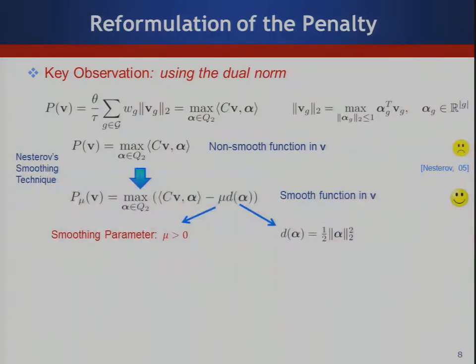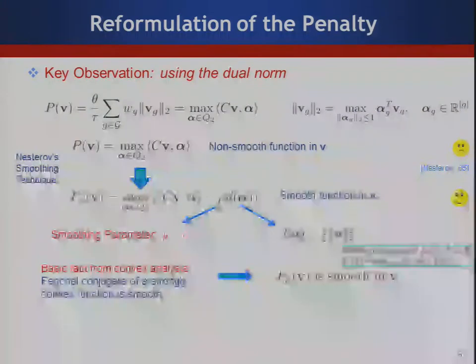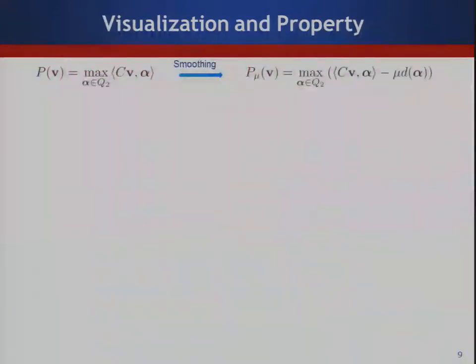But here we just choose 1/2 ||alpha||_2 squared for simplicity. If you are familiar with convex analysis, you immediately realize that it's just the functional conjugate of a strongly convex function. From a basic fact of convex analysis, the conjugate of a strongly convex function is smooth. So we just turn this into a smooth function, and the smoothness is controlled by this parameter mu.